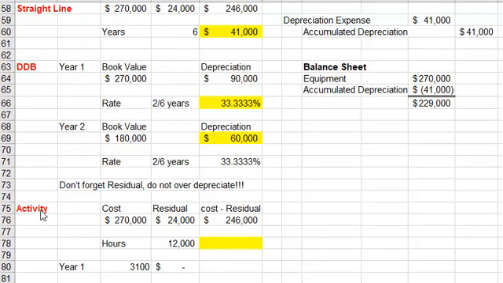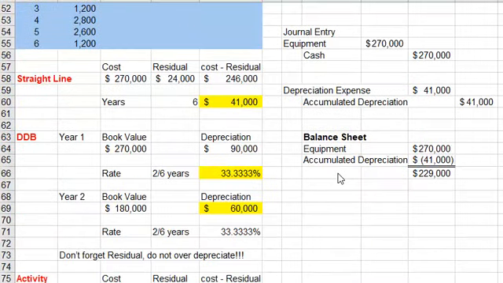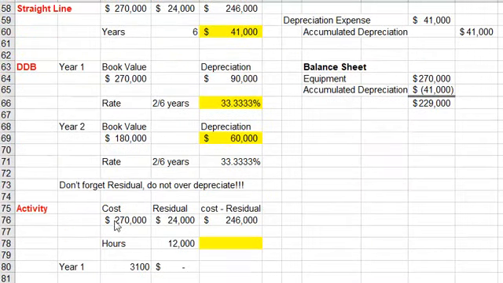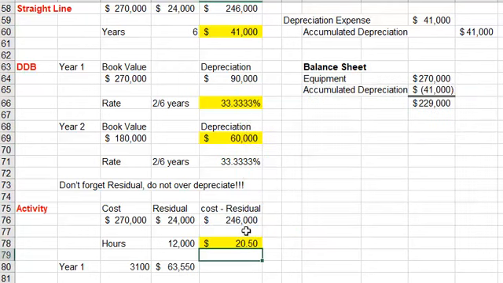Now let's take a look at our activity-based. We have 12,000 machine hours. In the first year, we plan to use 3,100 machine hours. What we have here is our cost less residual value, $246,000, and we're going to divide that by our hours. 246,000 divided by 12,000 gives us an hourly rate of $20.50.